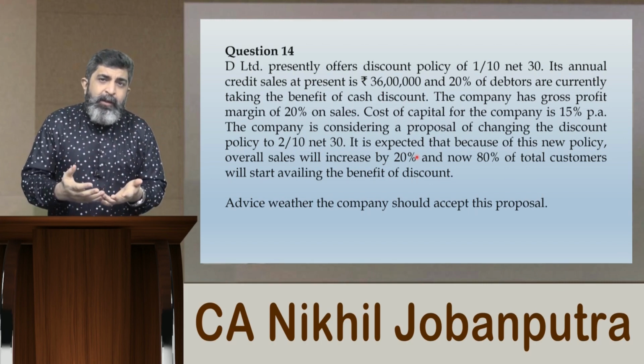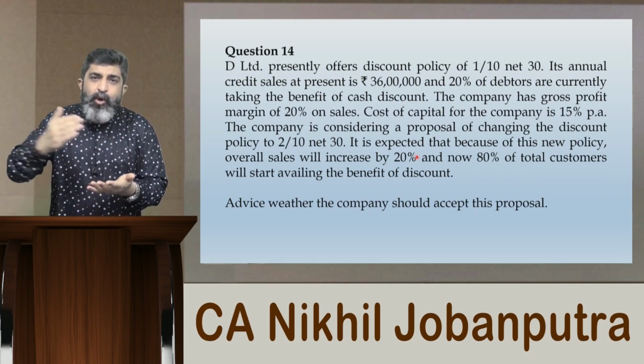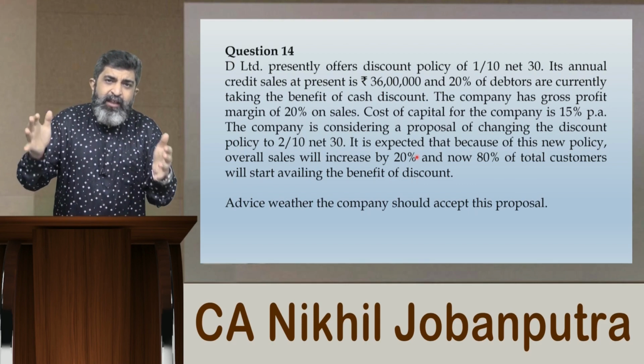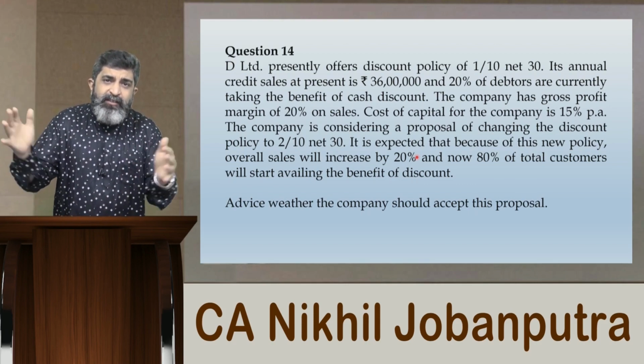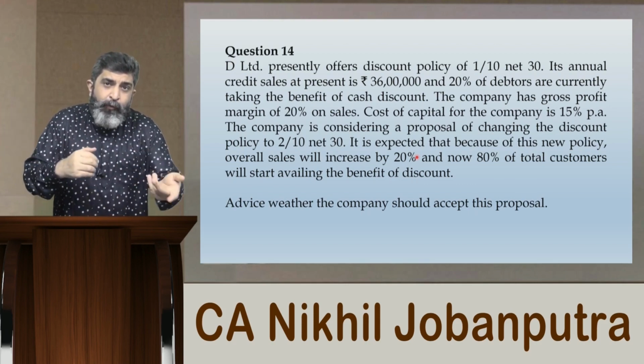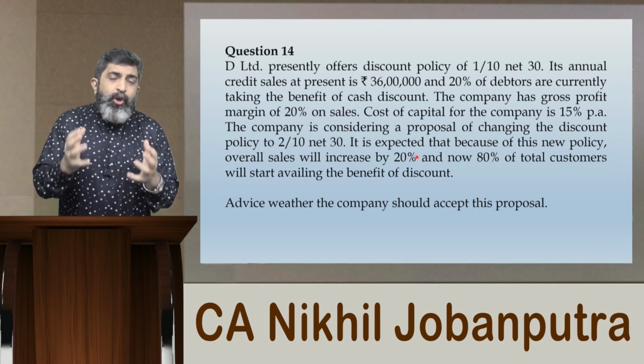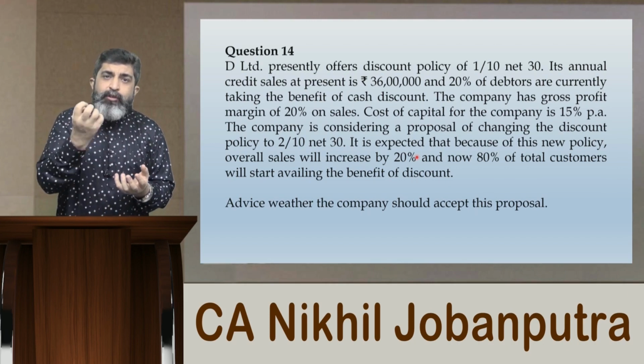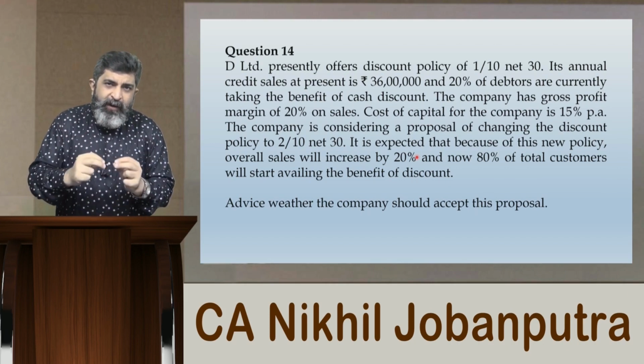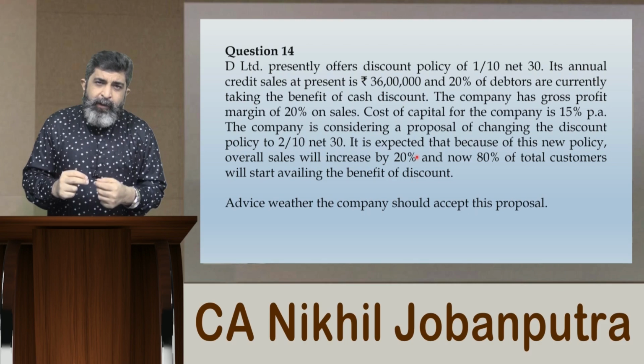So even though you are having more sales, there is big possibility that your average balance of debtors will get reduced because of quick payment made by so many customers. And not only that, your cost of funds blocked may also get reduced. So cost of funds blocked will be yet another component.